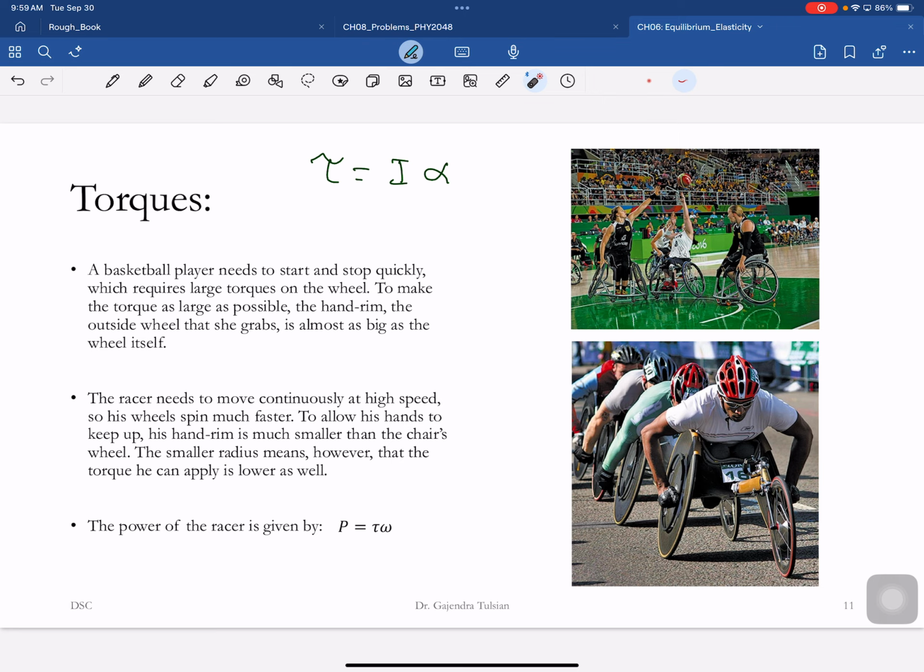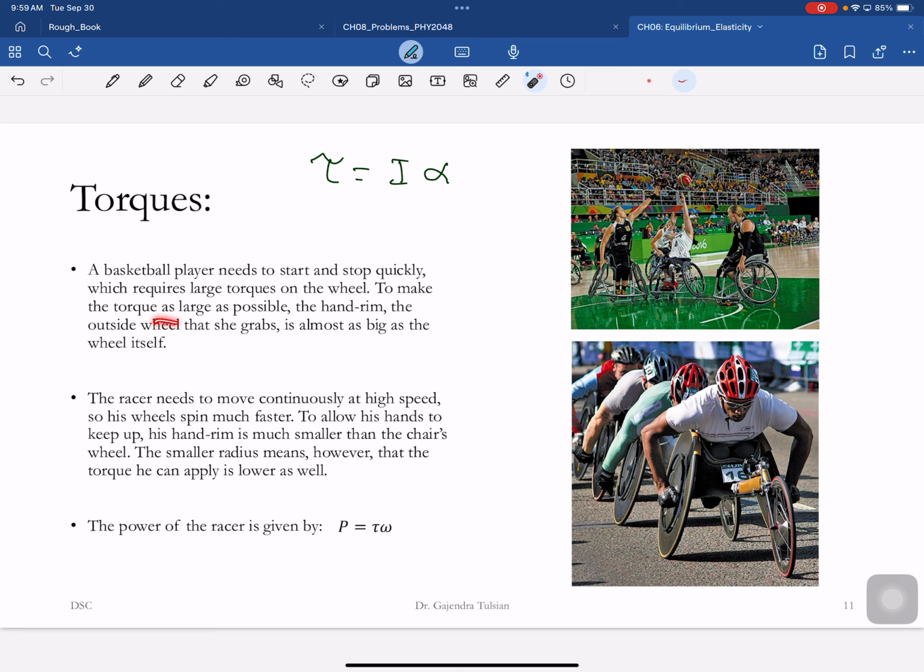The racer needs to move continuously at high speed, so the wheels will spin much faster. To allow his hands to keep up, his hand rim is much smaller than the chair's wheel. A basketball player needs to start and stop quickly, which requires large torques. Because you require large torque, the radius of that metal rim is larger.